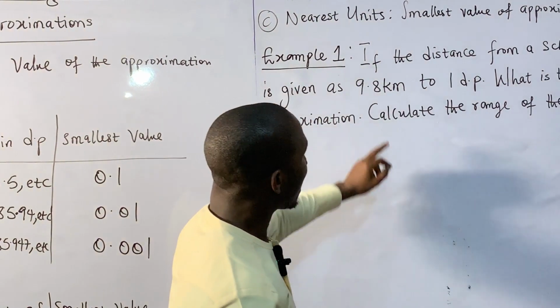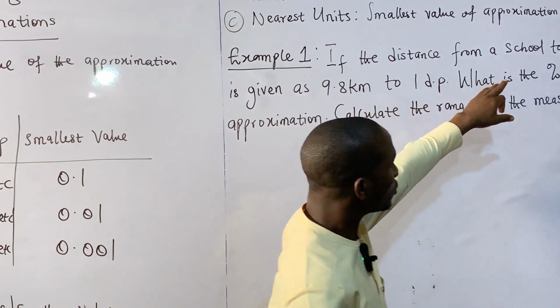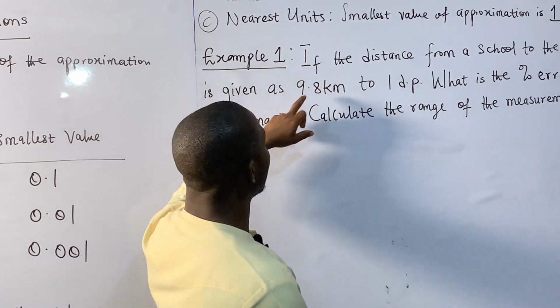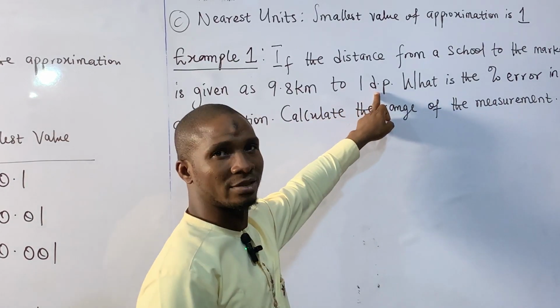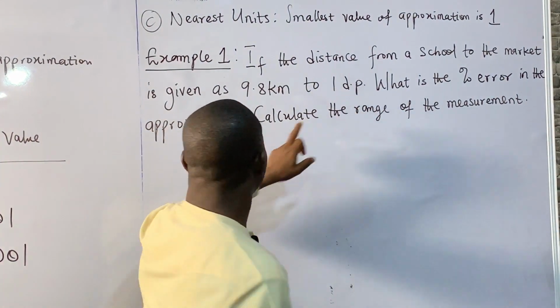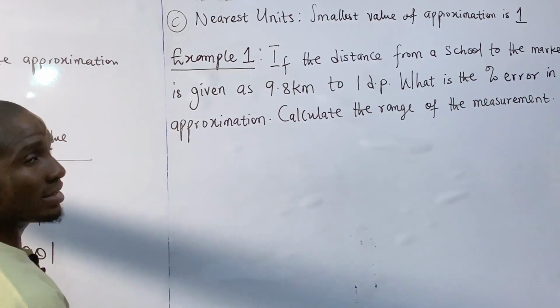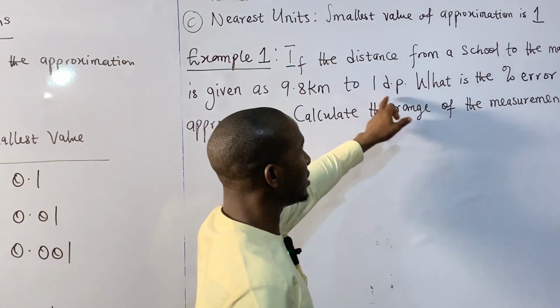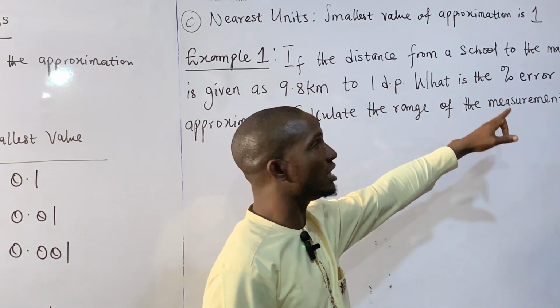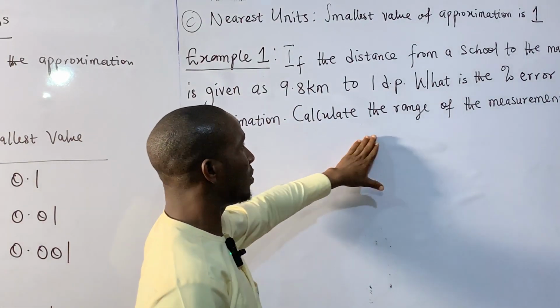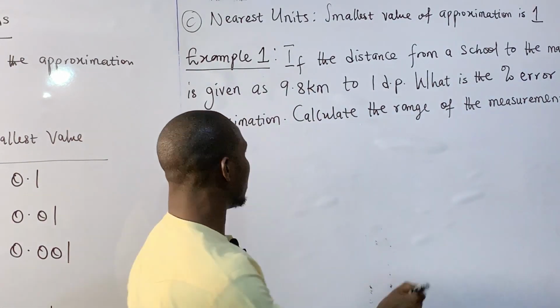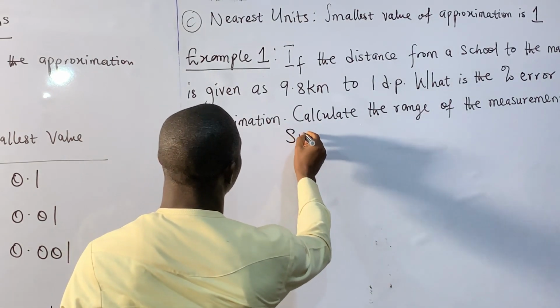Example 1. If the distance from a school to the market is given as 9.8 kilometers to one decimal place, what is the percentage error in the approximation, and also calculate the range of the measurement. Now let's look at the solution.